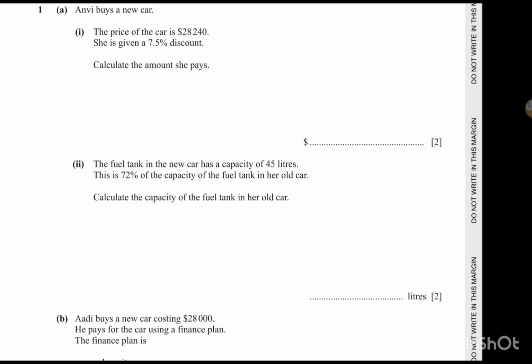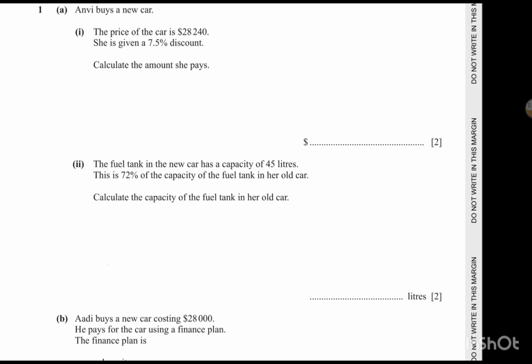Question number 1. A. Anvi buys a new car. The price of the car is $28,240. She is given a 7.5% discount. Calculate the amount she pays. So the discount percentage is given to us and the original price of the car is given to us.